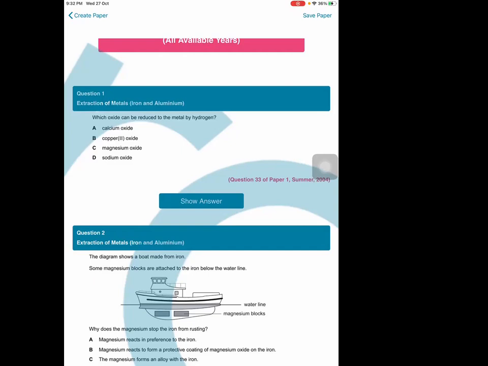Is there any reason why? Sir, it reacts with the hydrogen and it's a reduction reaction. H2O is formed and then in the tube only copper is left. Yes, and the reason is it is less reactive.